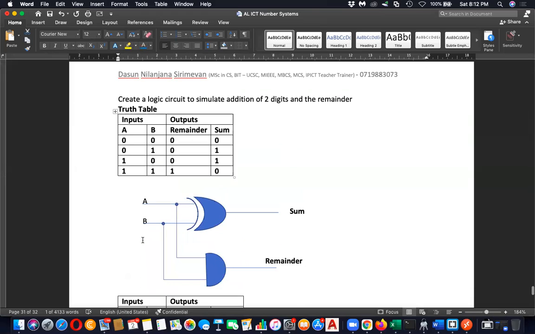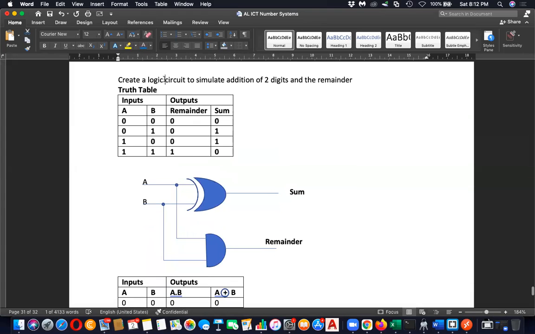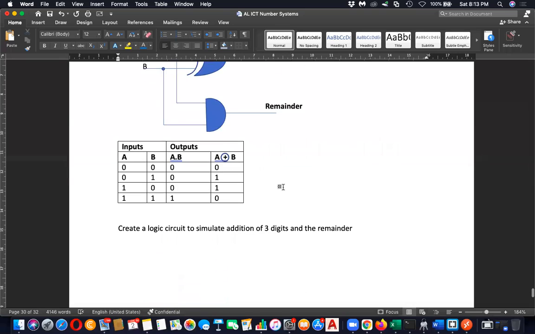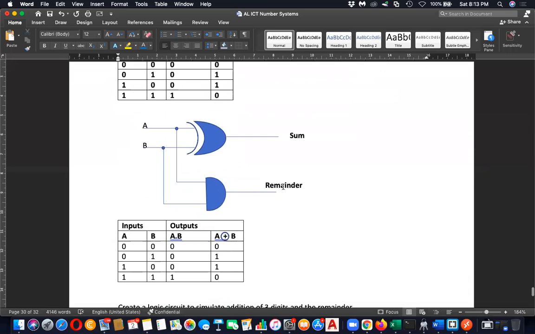So that means in scenario 3, what you have to do is create a logic circuit to simulate addition of three digits at once, and the remainder.